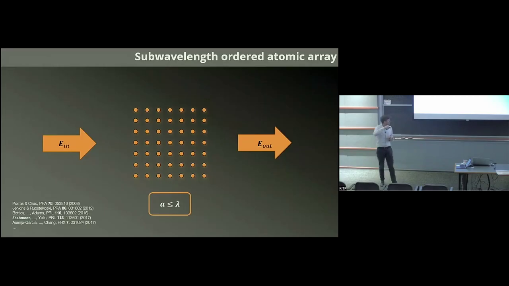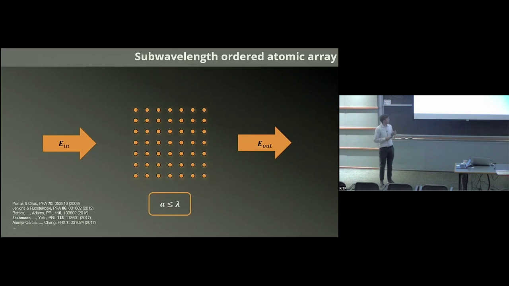And in particular, this becomes very interesting if the distance between the atoms in this ordered atomic array is smaller than the wavelength of light. And I will be explaining to you how we can realize such systems, how we can probe them, and also how we can control them using the control we have over the individual atoms in this array.